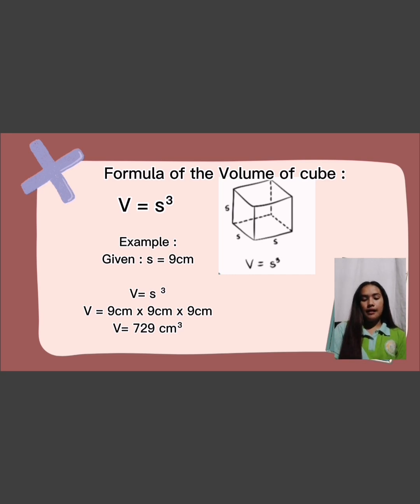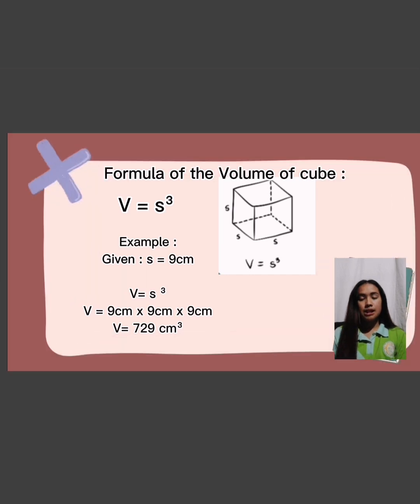First, we write the formula, which is volume is equals to side length cubed, and then volume is equals to, we need to multiply the 9 three times. So 9 times 9 is 81, times 9 is 729, and don't forget to write the unit, which is centimeter cubed. So the answer will be 729 centimeter cubed.